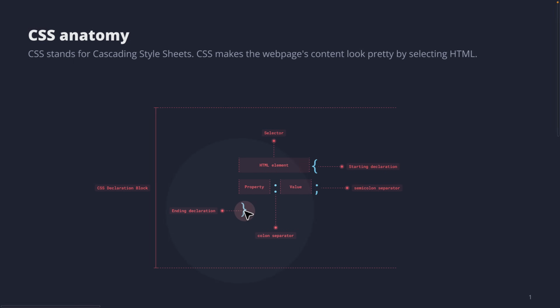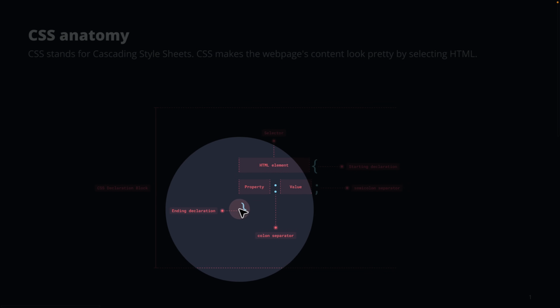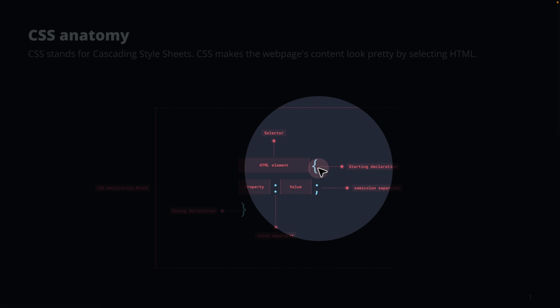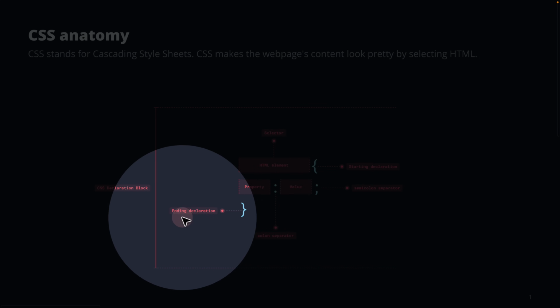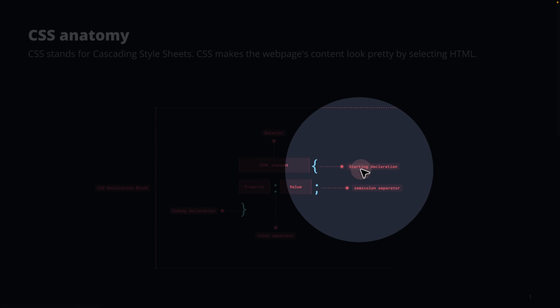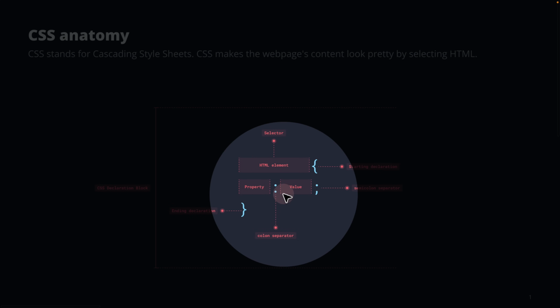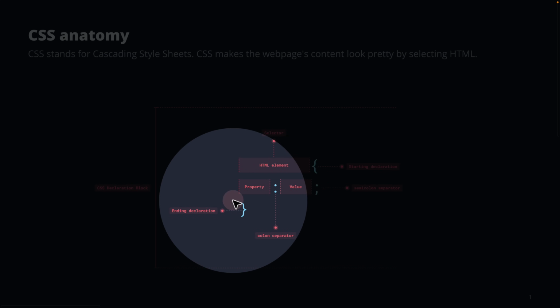In CSS, our declaration starts with a curly brace and also ends with a curly brace. You can create your curly brace by holding Shift on your keyboard. I think the curly brace on my keyboard is next to the letter P. So you open your curly brace, you close your curly brace, and this is how you open your declaration and close your declaration. Everything that comes in between them is considered your CSS declaration block.